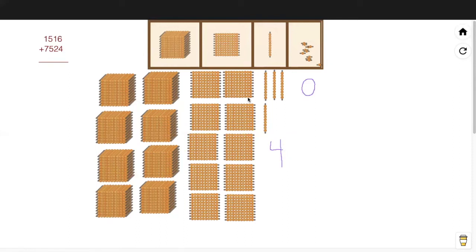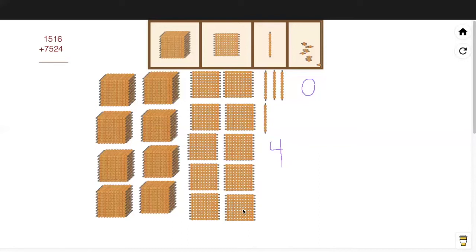Caroline, can you help me count the 100s? 1, 2, 3, 4, 5, 6, 7, 8, 9, 10. Oh no, I got to 10 100s. What does that mean? We need to take them away. So I have to take all of the 100s away.